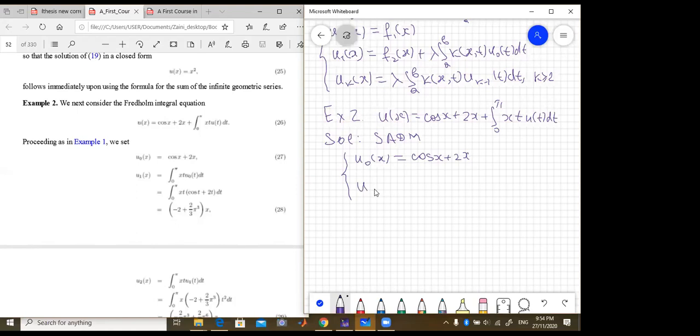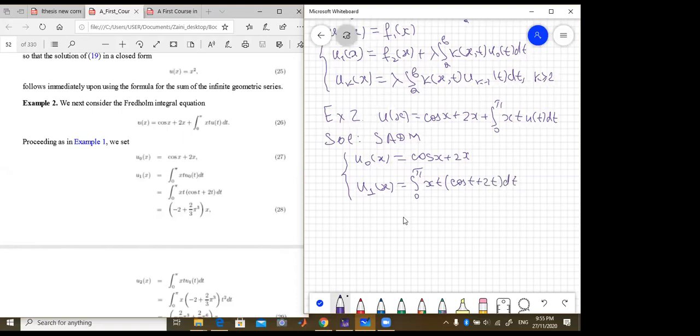So now I have to see, one by one, the trend of the form. As we know, lambda here is equal to 1, so we don't put any lambda value. The kernel x t we don't touch. Then u0 of t means this is cosine t plus 2t, dt.